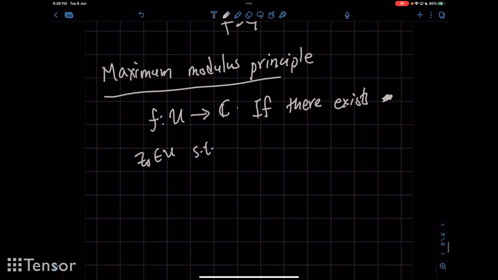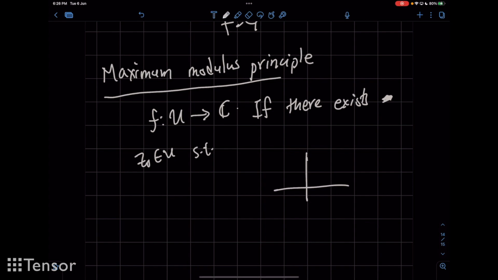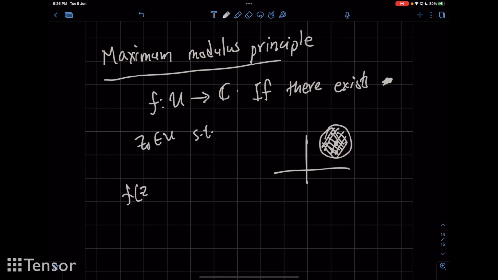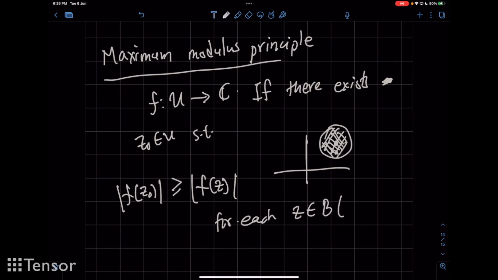By maximum, I mean that if I draw an open ball centered at z0, then among all the points in that open ball, the modulus of f at z0 is the highest one. That is, the modulus of f of z0 is bigger than or equal to the modulus of f of z for each z belonging to some open ball.